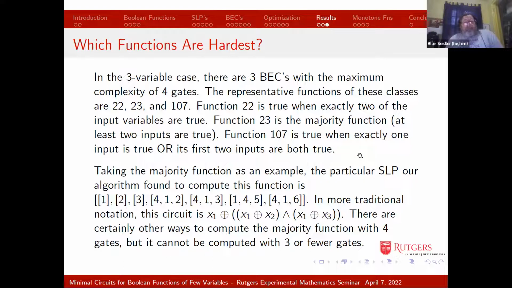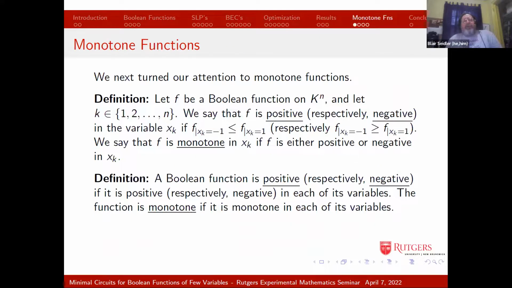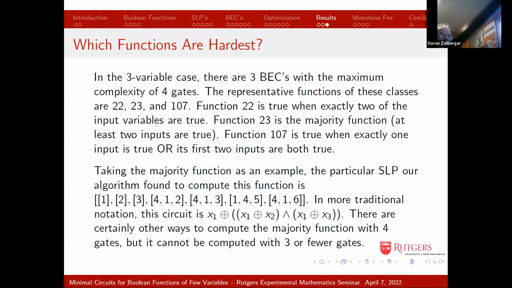Now, the next thing that we jumped into here was I decided to look at monotone functions. And so the exclusive ORs seem to be the most expensive ones, or things involving them, right? Yep. I mean, it is, but it depends upon your computational model.